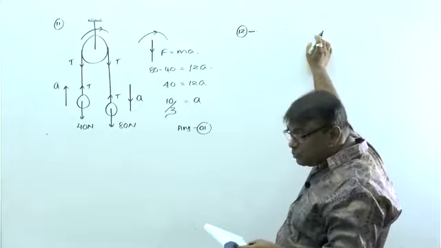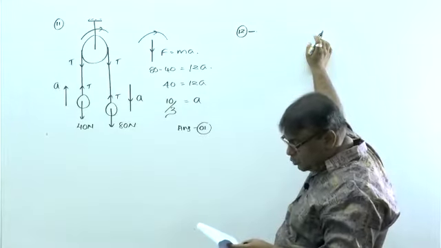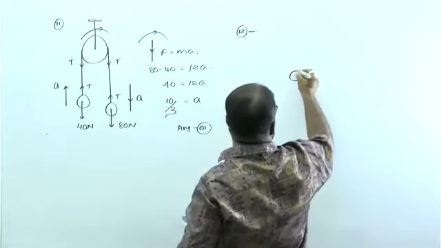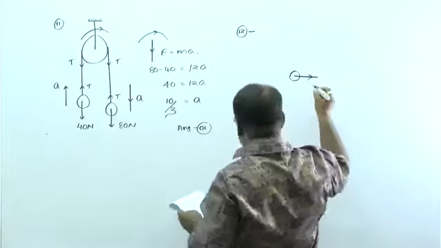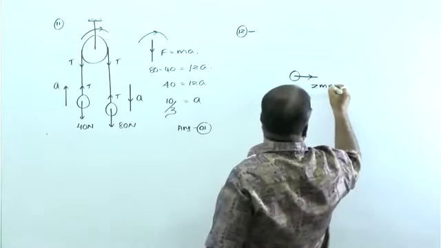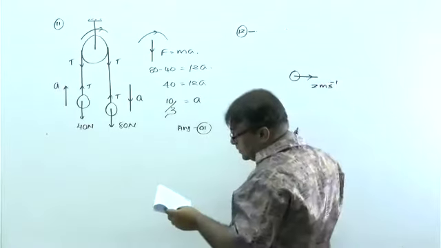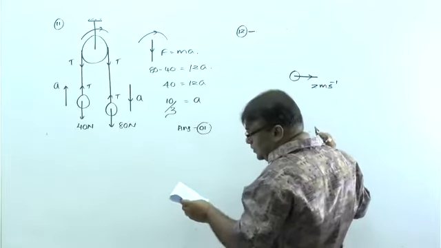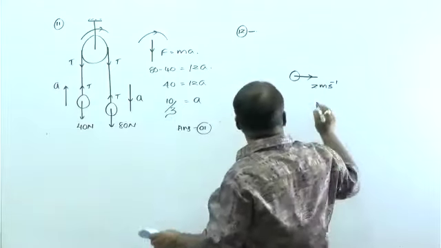Number 12. An object of mass 1 kilogram is moving towards east with a velocity of 2 ms minus 1. A force of 2 Newton is applied towards north.